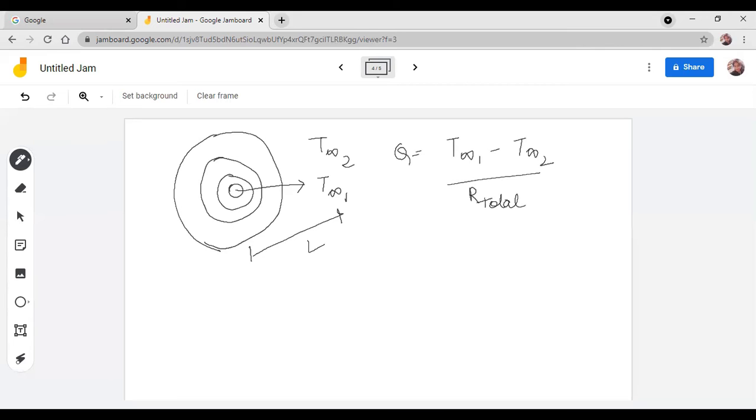Now this R total is the total thermal resistance.